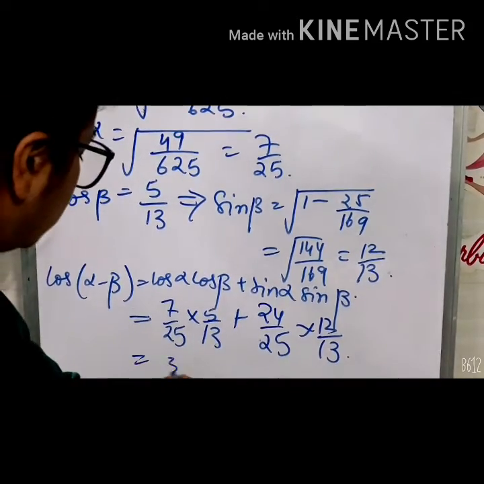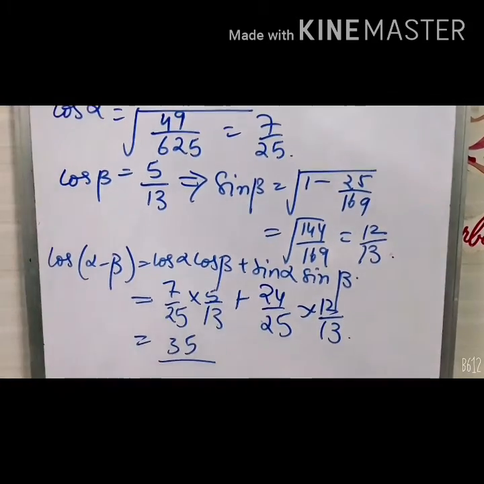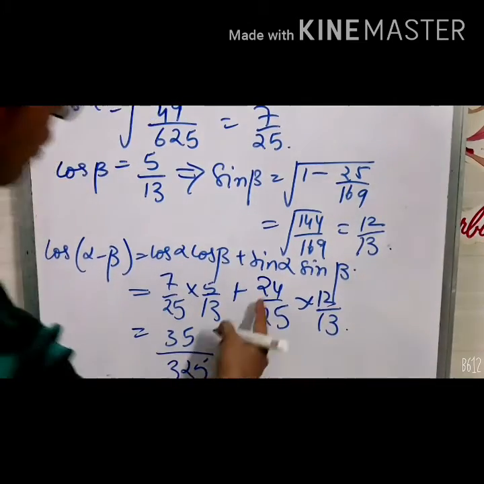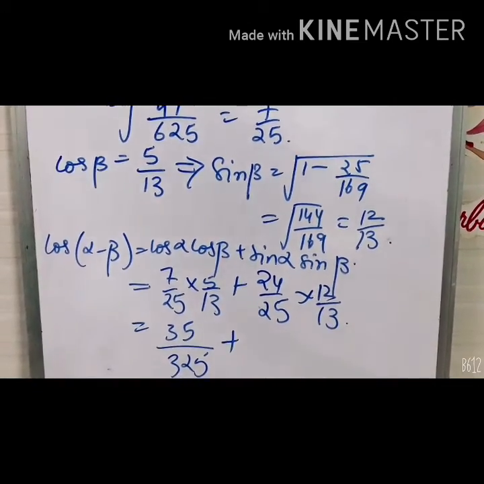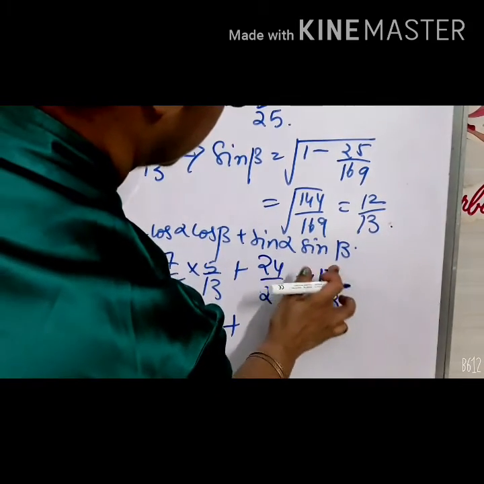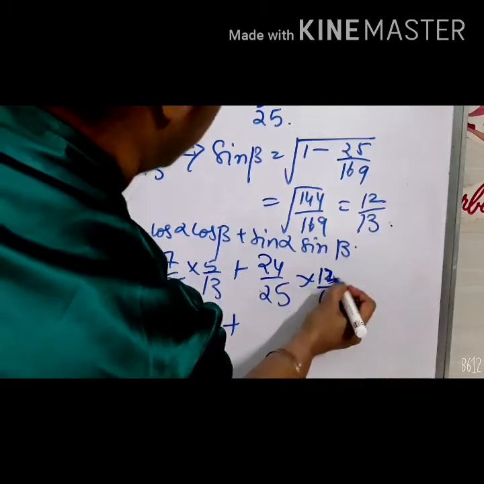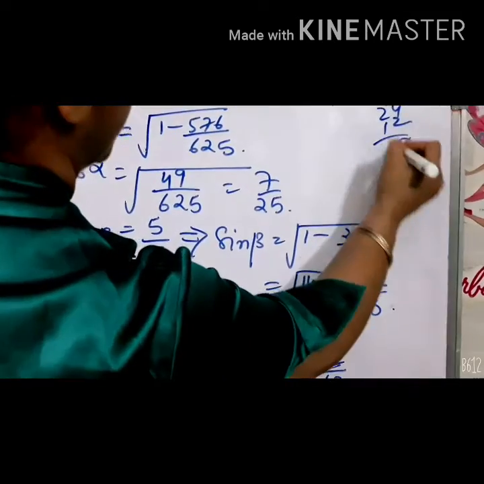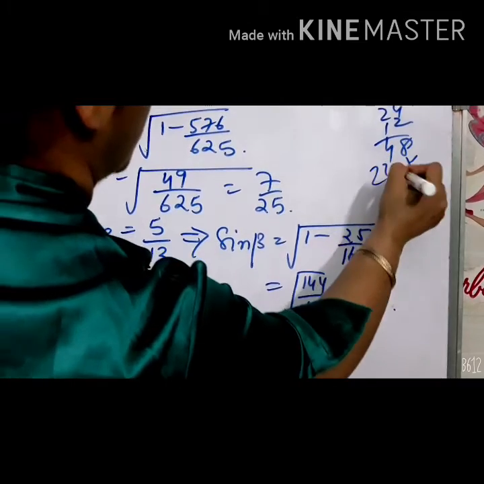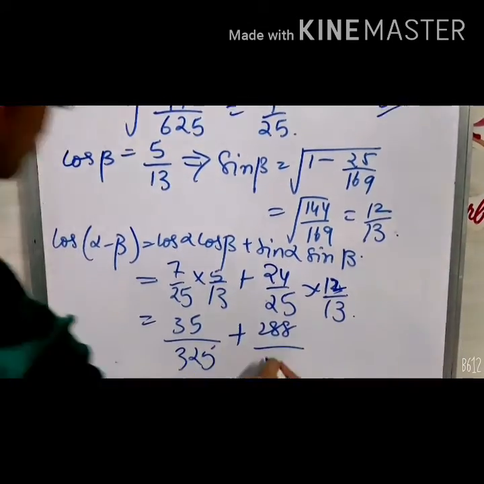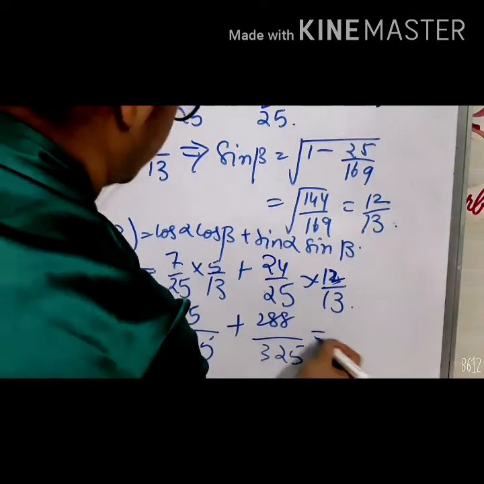Fine. 7 fives are 35 numerator and 25 into 13 is 325. After that, 24 into 12. So we will do 24 into 12. It becomes 288 by 325.